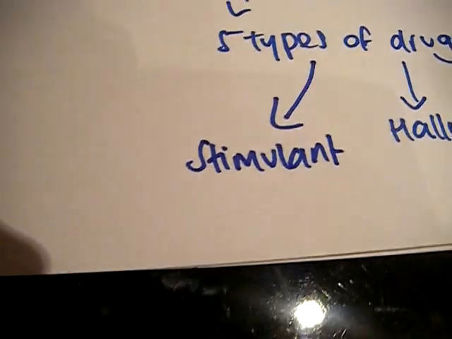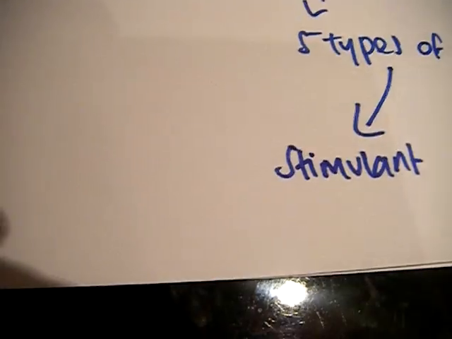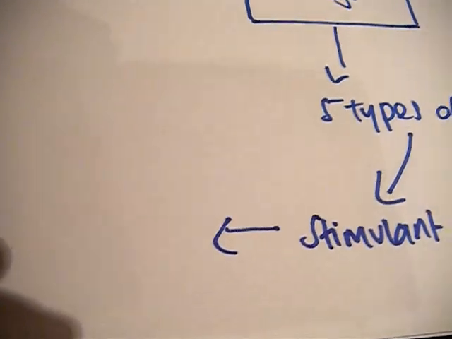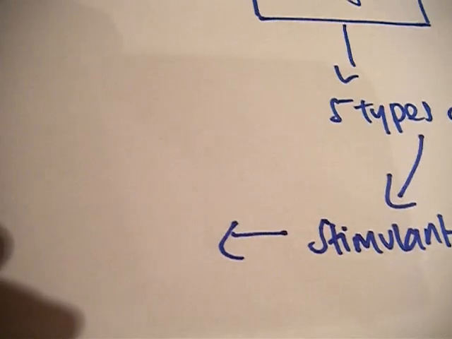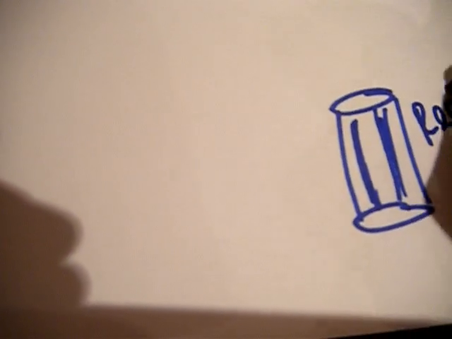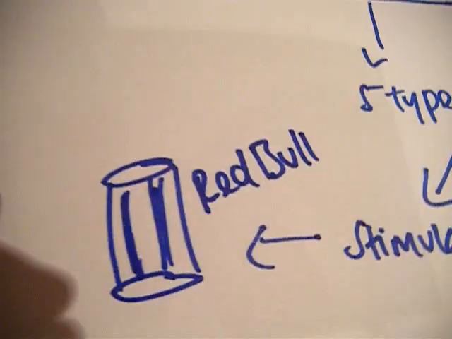3rd type of drug is a stimulant. Like we said before, it does exactly what it sounds like. It stimulates you. That means it speeds up your reactions. So if you speed up your reactions, you decrease your reaction time because you're reacting quicker. So for stimulant, all I'm going to put is a massive can of Red Bull, because the main stimulant that you need to know is caffeine.